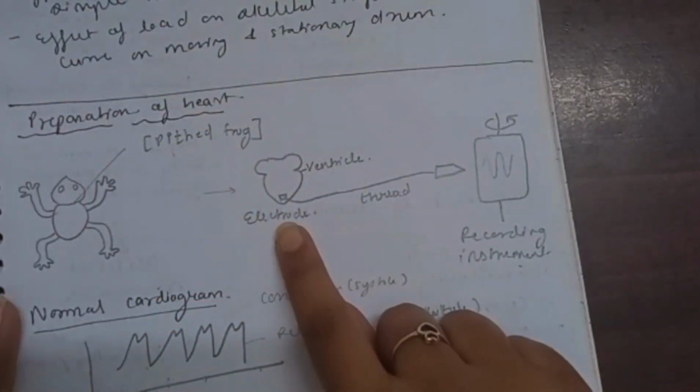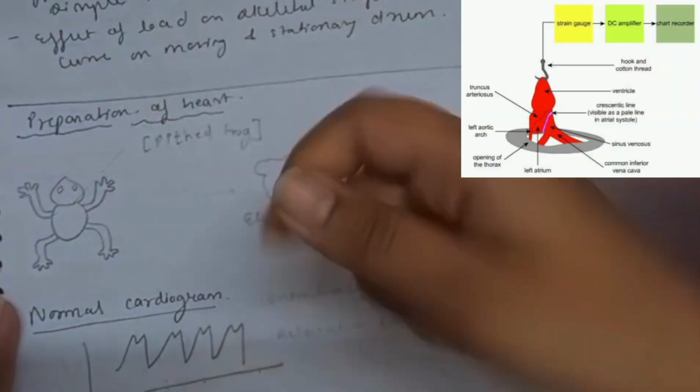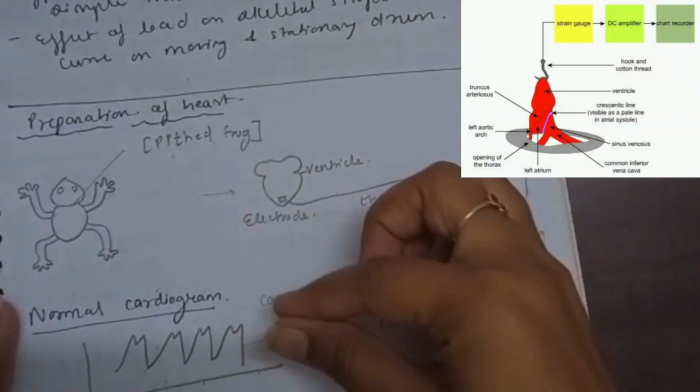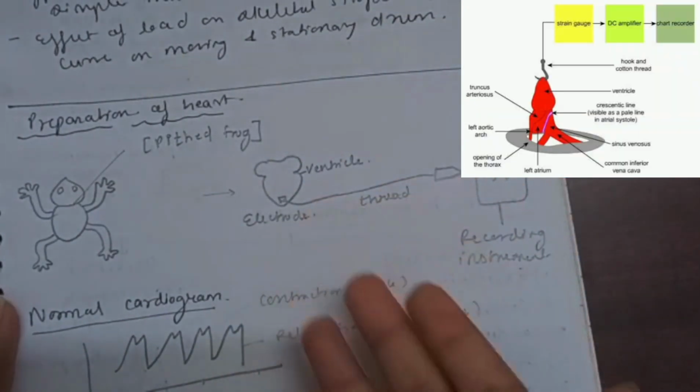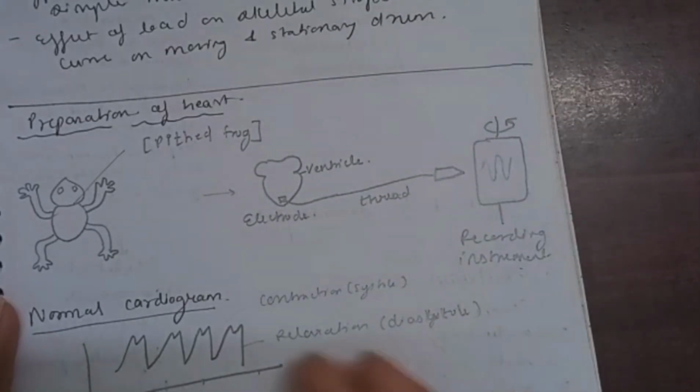Once the frog is pithed, the chest cavity of the frog is cut, and the heart is exposed. At the tip of the ventricle of the exposed heart, a U-pin is inserted. With the U-pin, the heart surface is lifted up, and the electrode is placed on the tip of the ventricle with the help of the U-pin, and the heart is raised above the surface.